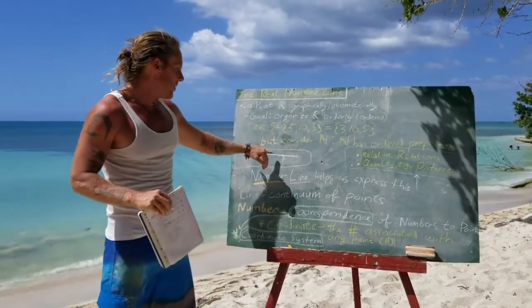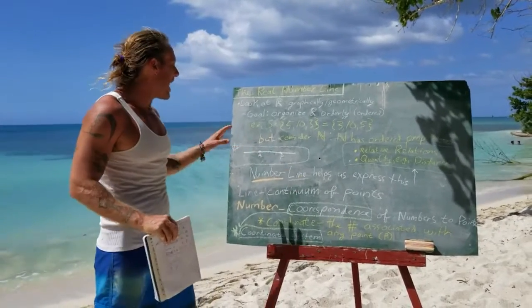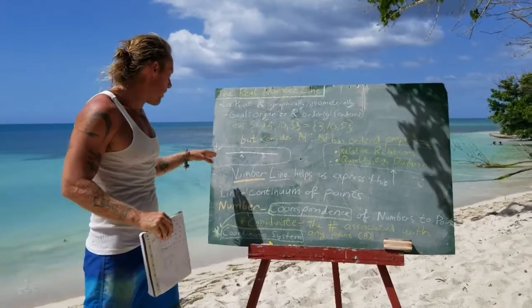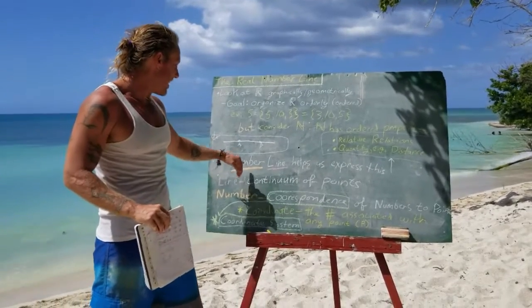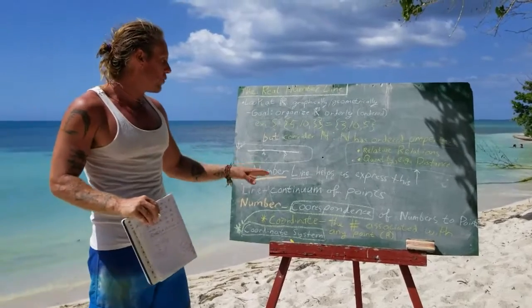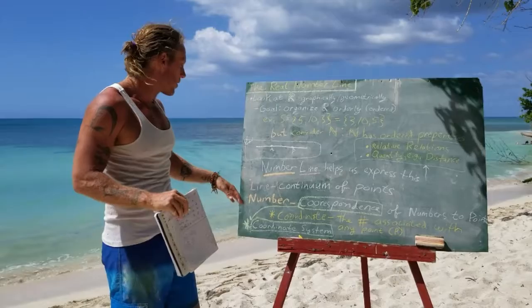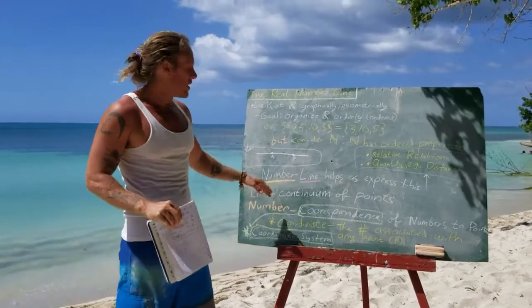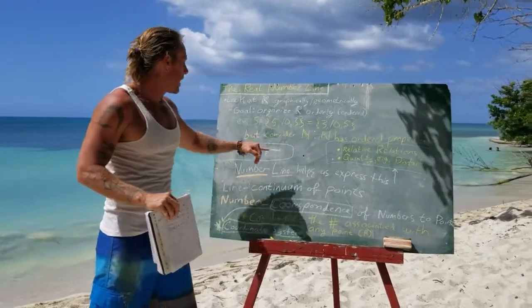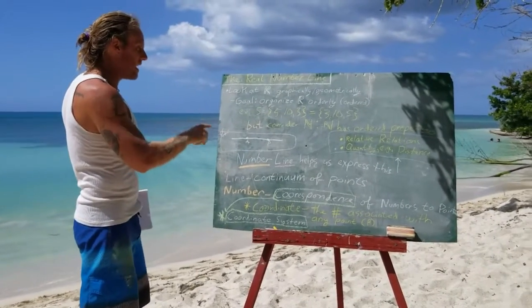So any given points, in this case we have A and P, the correspondence of actual numbers to those points is what we're talking about with a number line. Now, the number associated with any given point, P, A, B, Z, whatever, we call the coordinate.